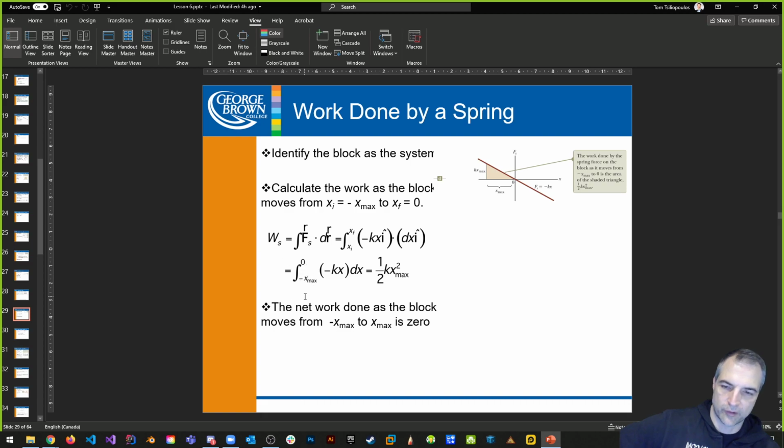If you're formulating the integral, you might want to put the final position from the initial position. So the initial position might be on the left, and then you want to go to the final position, which would be the equilibrium. Then you would take the integral of this.